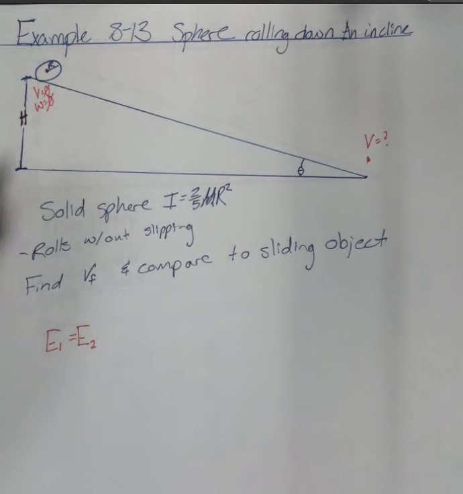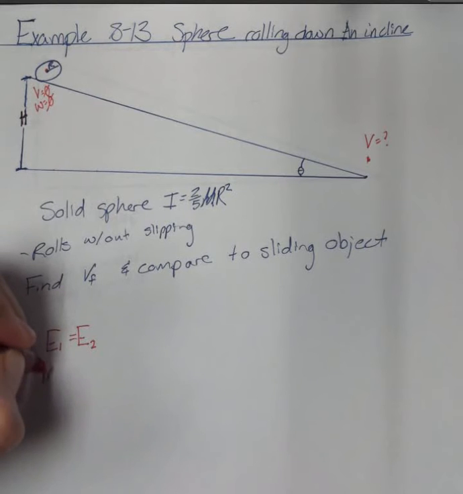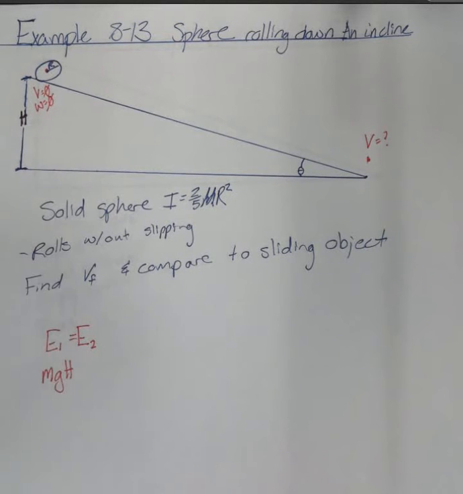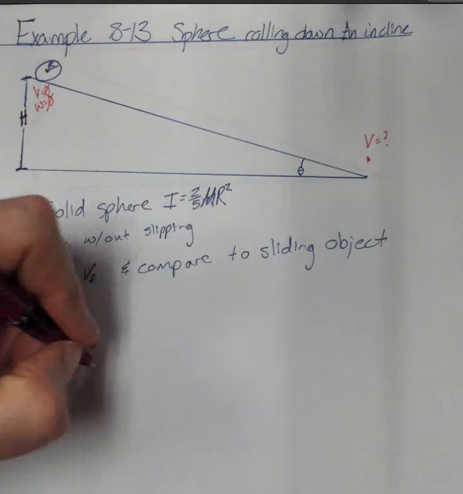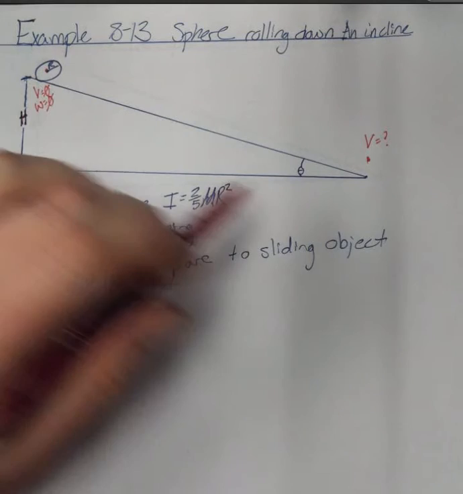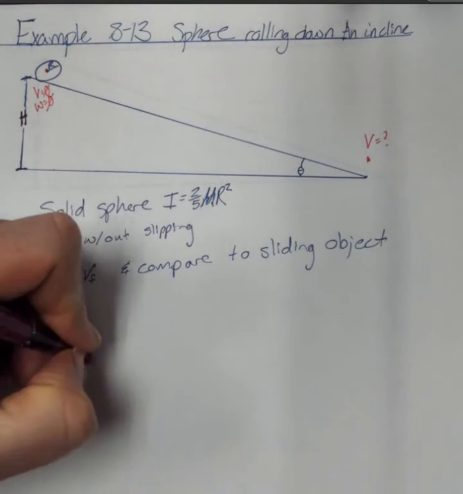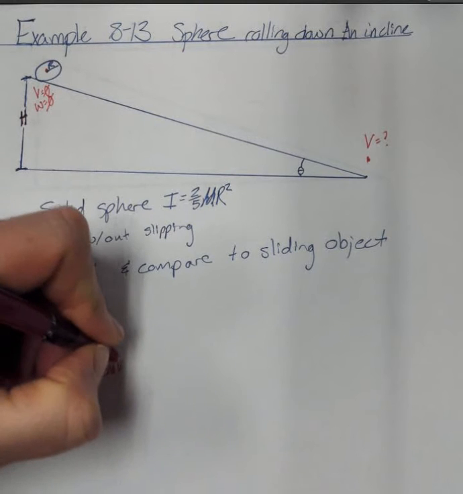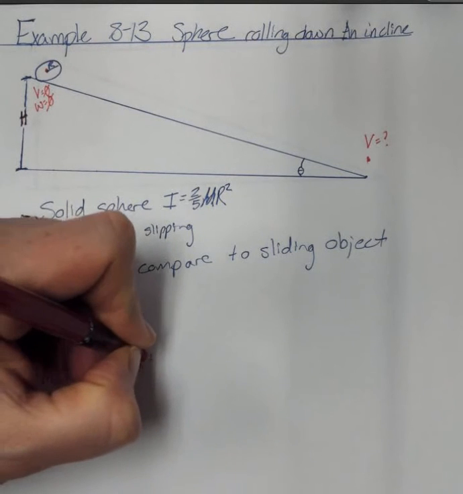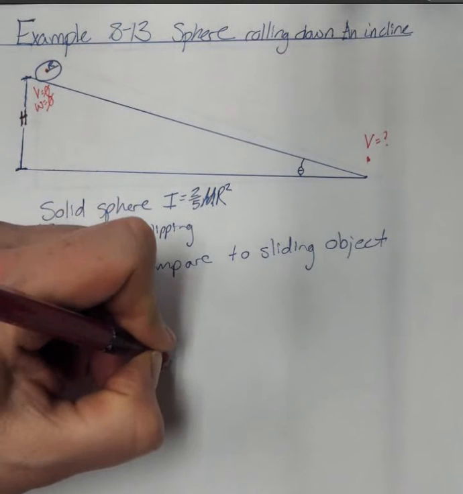At point 1, there's no kinetic energy, so we've got mgh for the potential energy of this object at point 1. And that's going to be equal to the energy at point 2. At the bottom of the hill, we have displaced completely down to the bottom of the hill, so the potential energy is going to be 0 from our reference point, and it's going to have both translational and rotational kinetic energy, so that means we have 1/2 mv squared and 1/2 I omega squared.